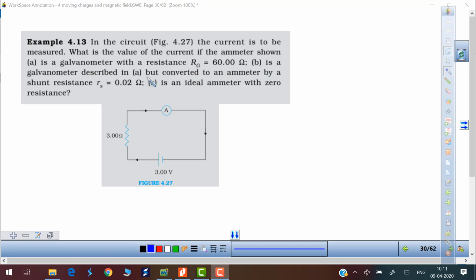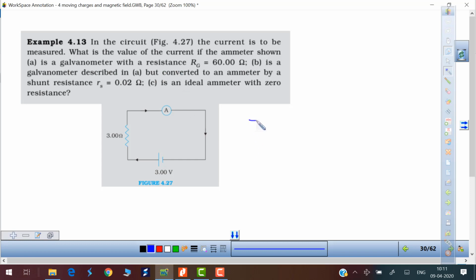B: a galvanometer described in A but converted to an ammeter by a shunt of resistance 0.02 ohm. And third case is an ideal ammeter with zero resistance. So we have three cases. We have to find the current.